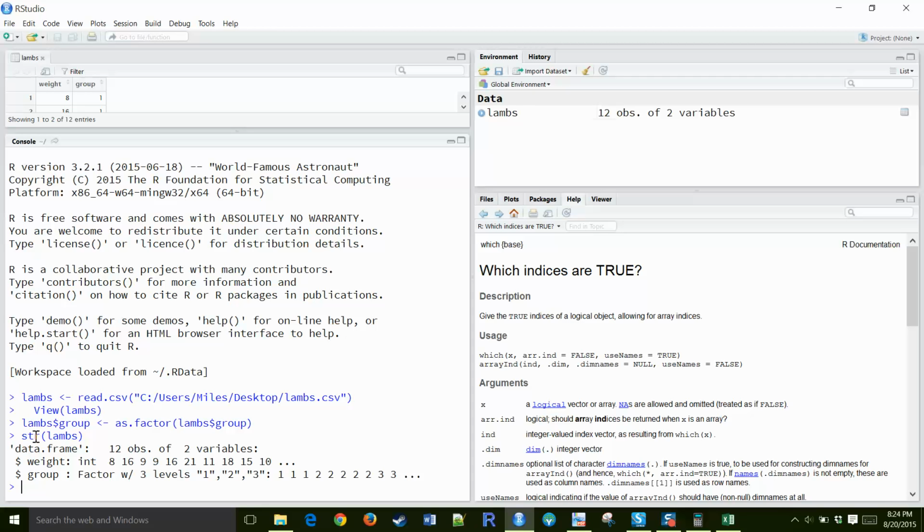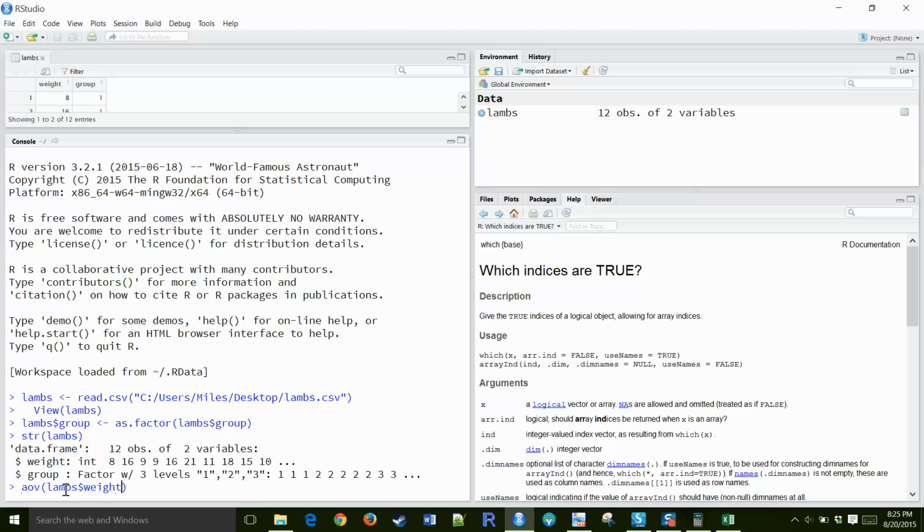Okay, aov for analysis of variance. I hit enter, and it's done. And so we want to know what happened with the model, so I ask for a summary of the model that we just built.